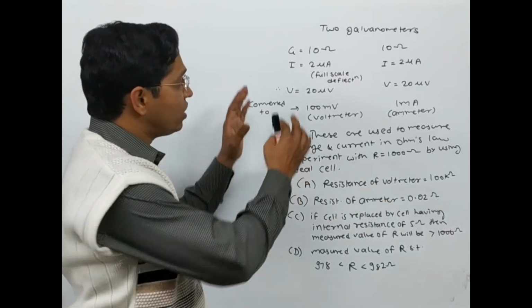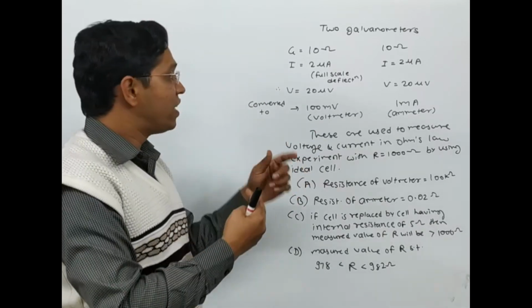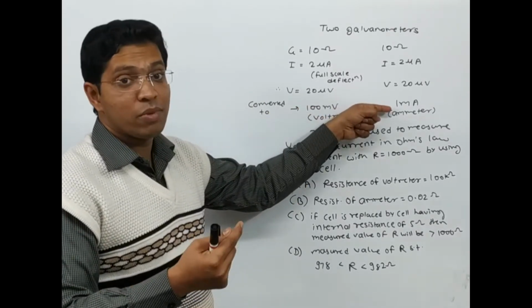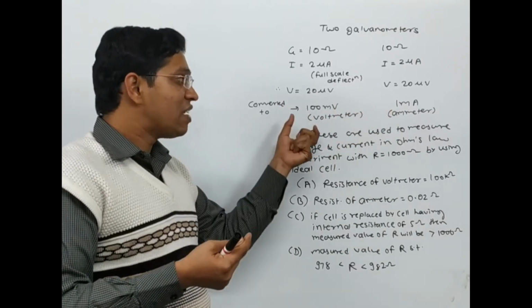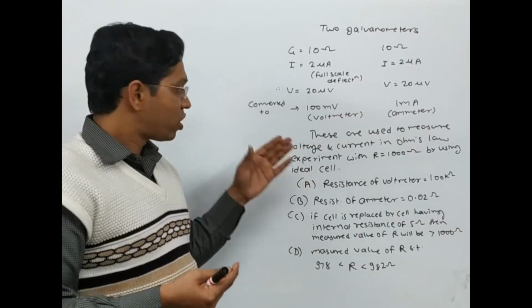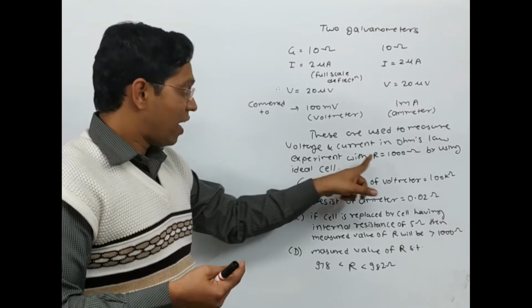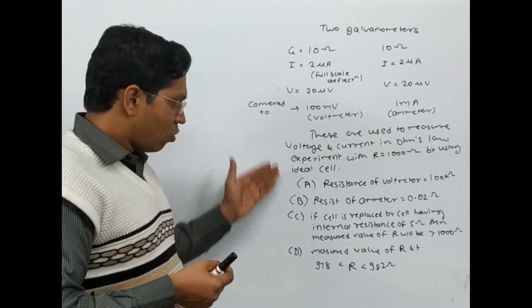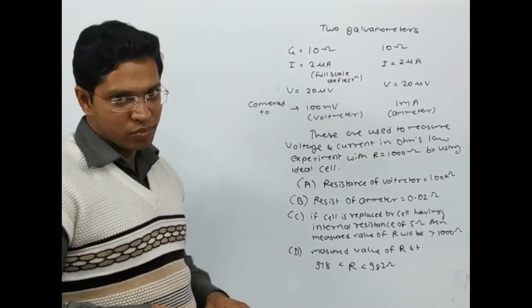So these converted instruments are then used for the experimental purpose across the resistance of 1000 ohm. In that case, we have to check from the options what is going to happen.